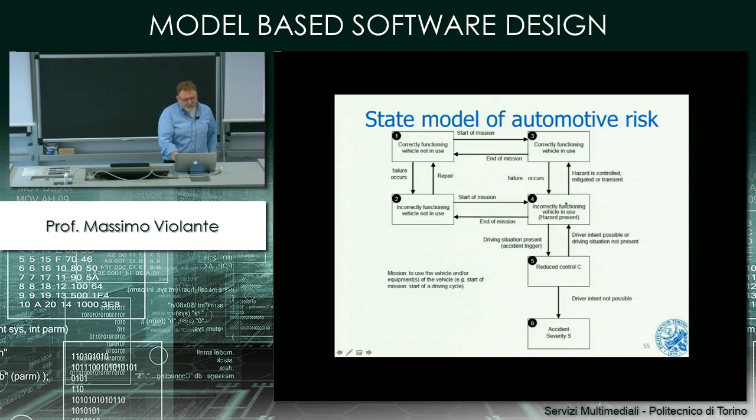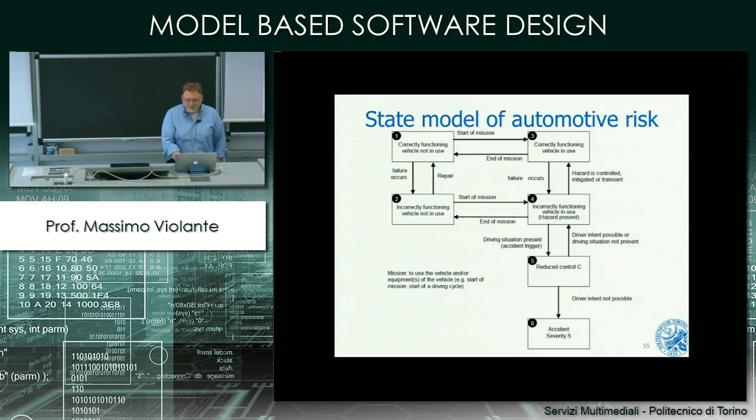The bad things happen when we move towards the end of this chart. So let's imagine that we have the hazard. So the failure is active. Let's imagine that the driving situation is such that we should have the function provided by the faulty item, but we can't because the item is faulty.